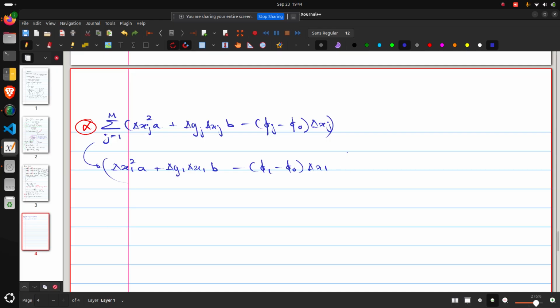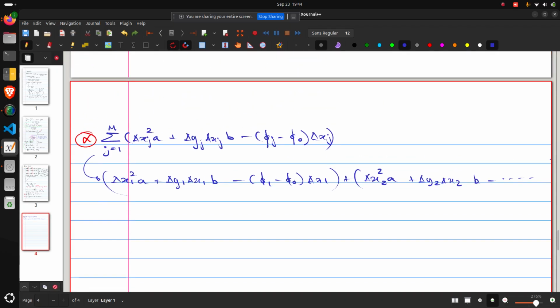This is for 1. This is like delta x2 squared a plus delta y2 delta x2 b minus all these terms, right.